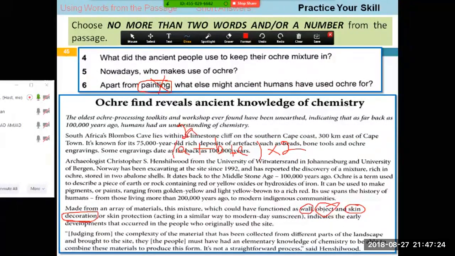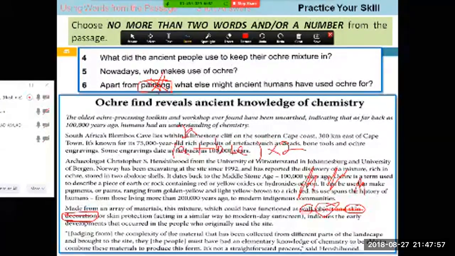So how do we decorate using a mixture? We just paint it, isn't it? We will paint a wall to decorate it. We will paint an object to decorate it. And we will paint skin to decorate it. Isn't it the case? So that means this usage, wall painting, object painting, and skin painting, has been eliminated here in the question, apart from painting.